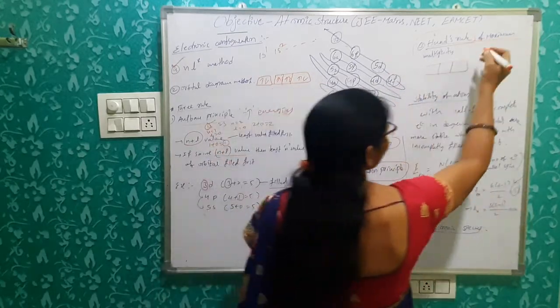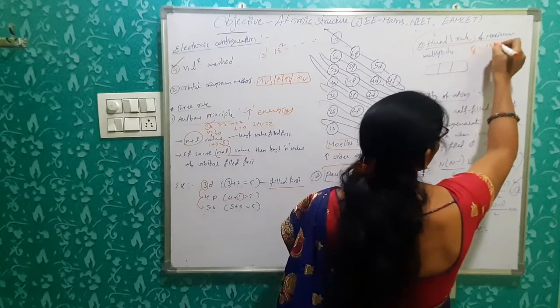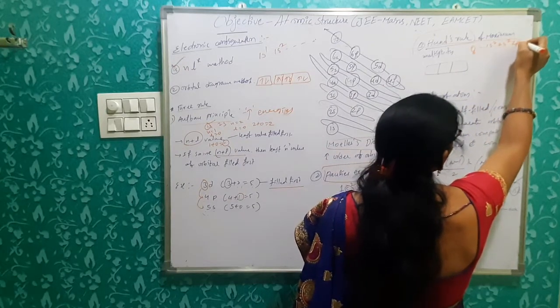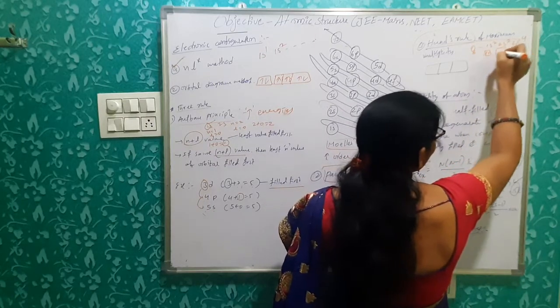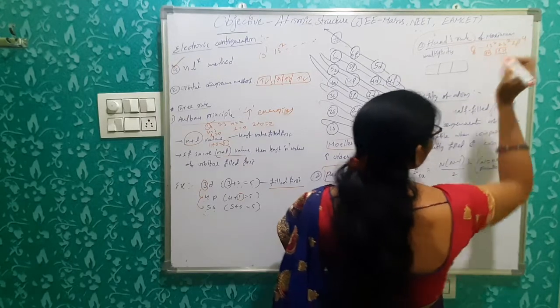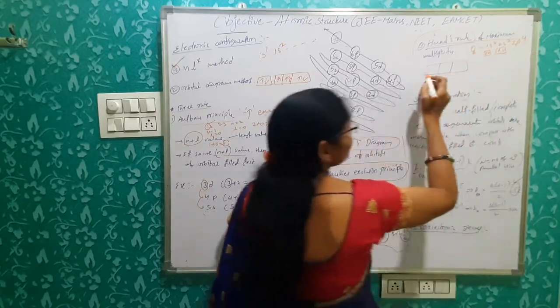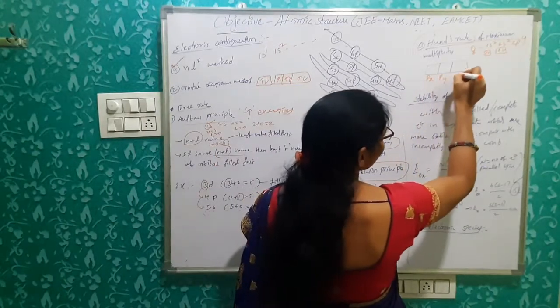So for example oxygen, atomic number 8: 1s2, 2s2, 2p4. In 1s2 there is only one orbital, so after filling one electron, the second electron will be paired. Same for 2s, but for the p orbital there are px, py, pz.